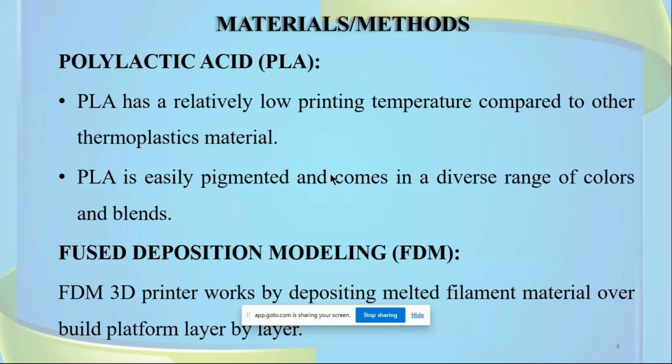An FDM 3D printer works in a layer by layer, or additive, manner, and the material is fused through the extruder layer by layer on the platform, and the product is formed.